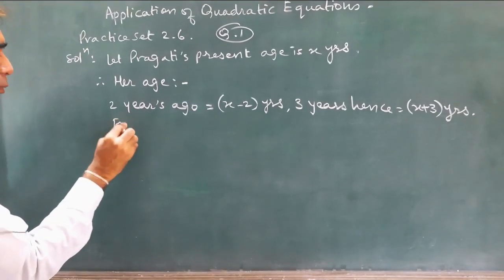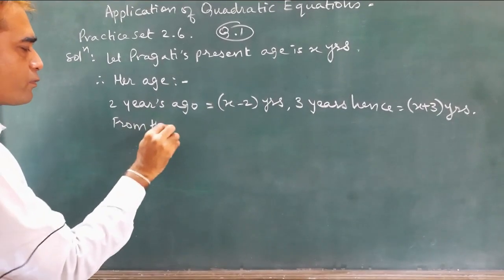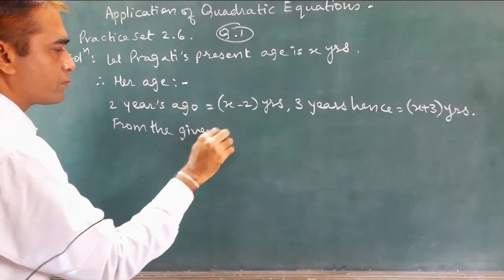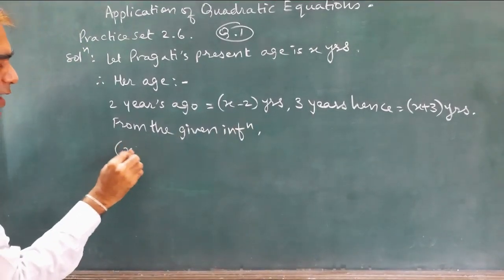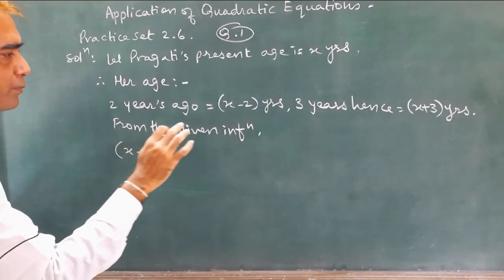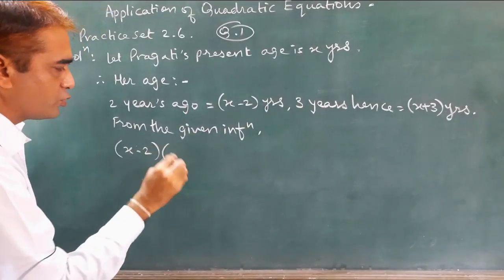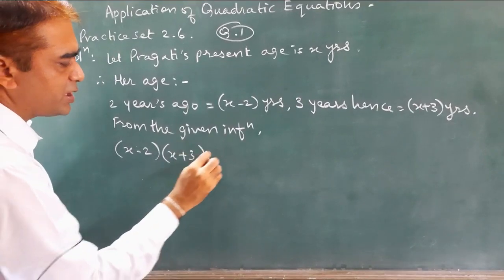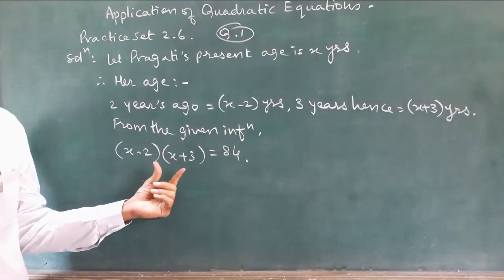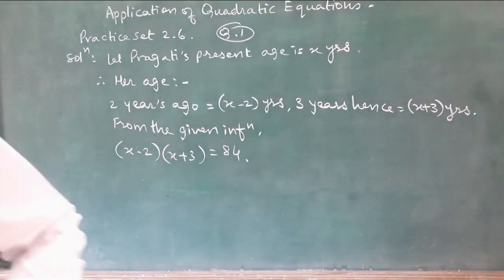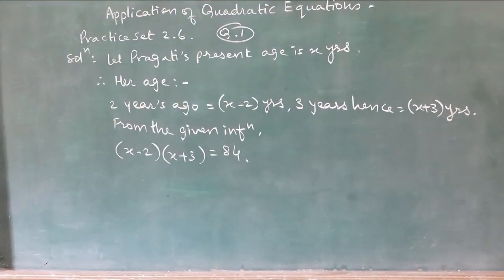From the given information, product of these two, x minus 2 and x plus 3 equals 84. Now we will simplify this equation and we will get the quadratic equation.